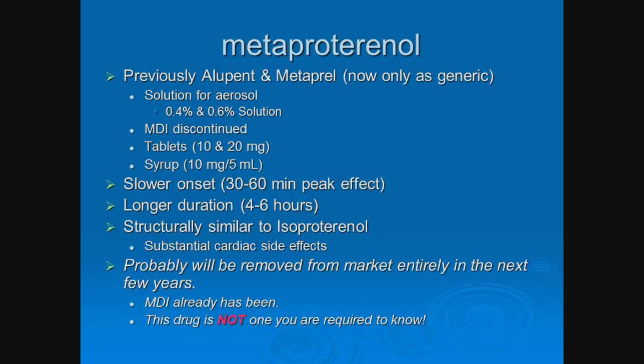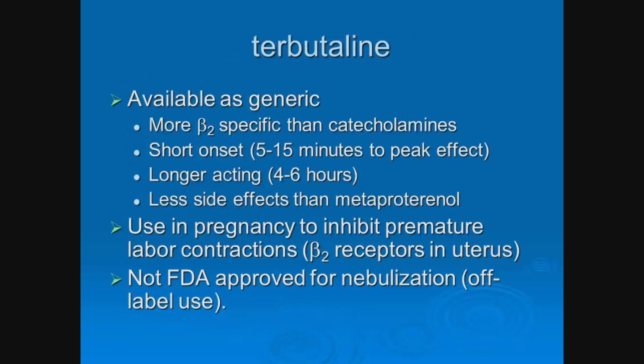It had an MDI, but they chose not to change it from a CFC to an HFA, so it just got eliminated. It is currently available as an aerosol solution, a syrup, and a tablet. Slow onset, so you don't get the benefit of having a quick onset, but you got a much longer duration. Okay. And I said probably be removed from the market simply because there's better drugs available.